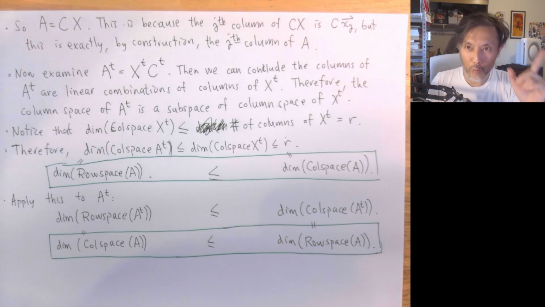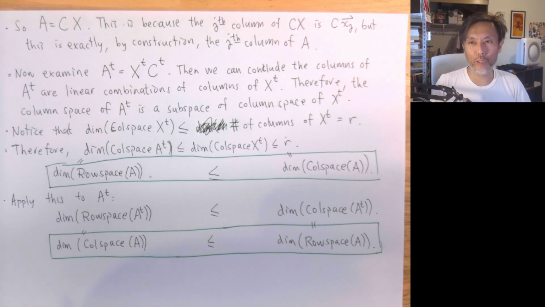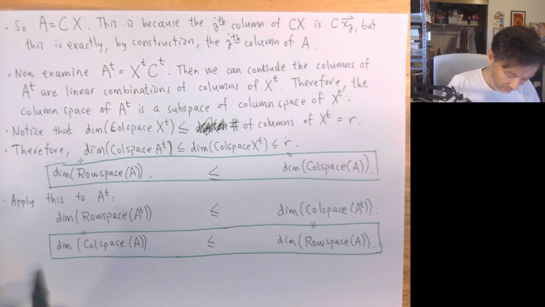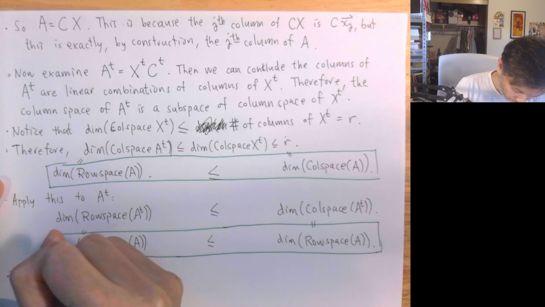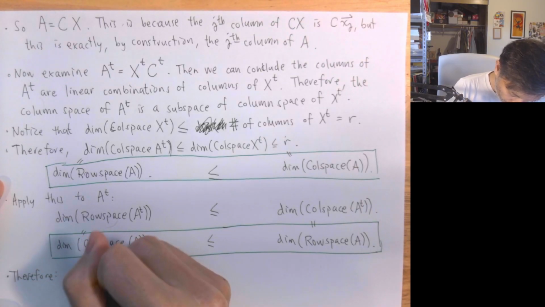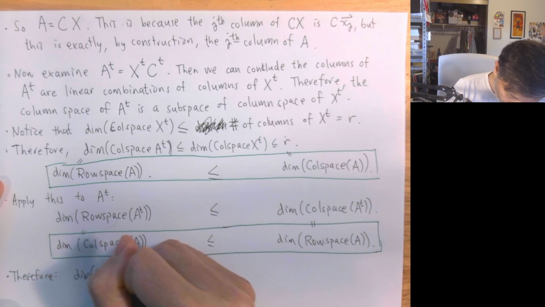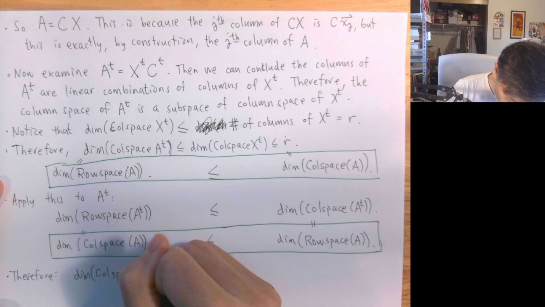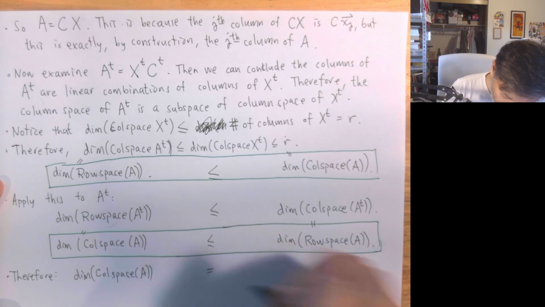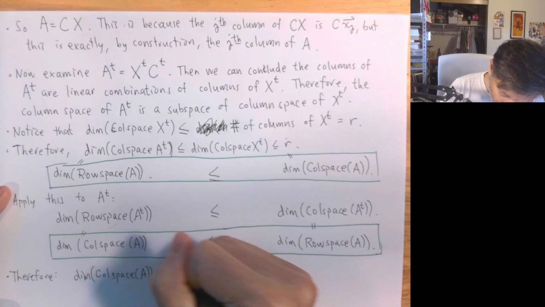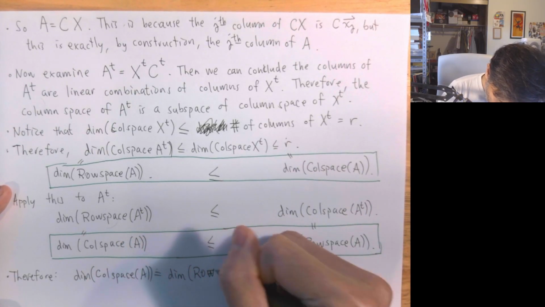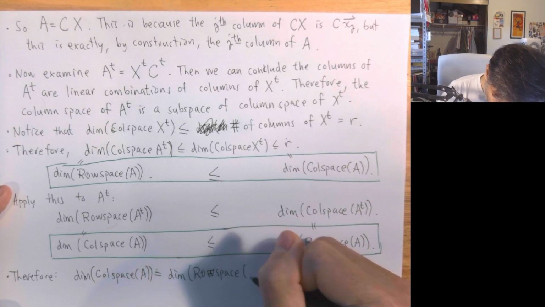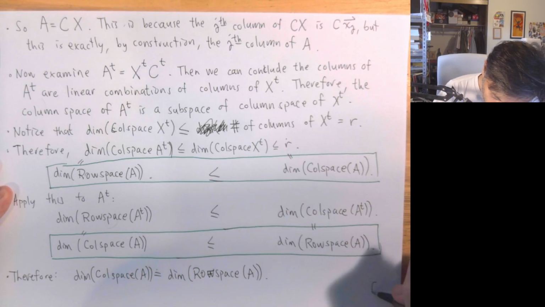There is only one way, which is if these two numbers are equal to one another. The dimension of the column space of A equals the dimension of the row space of A. And that's it.